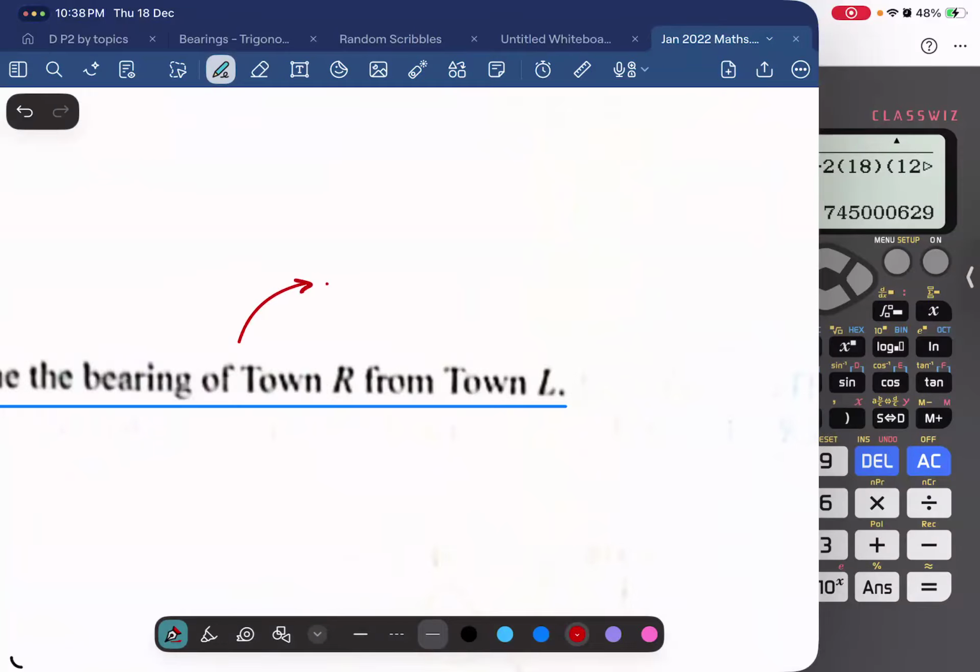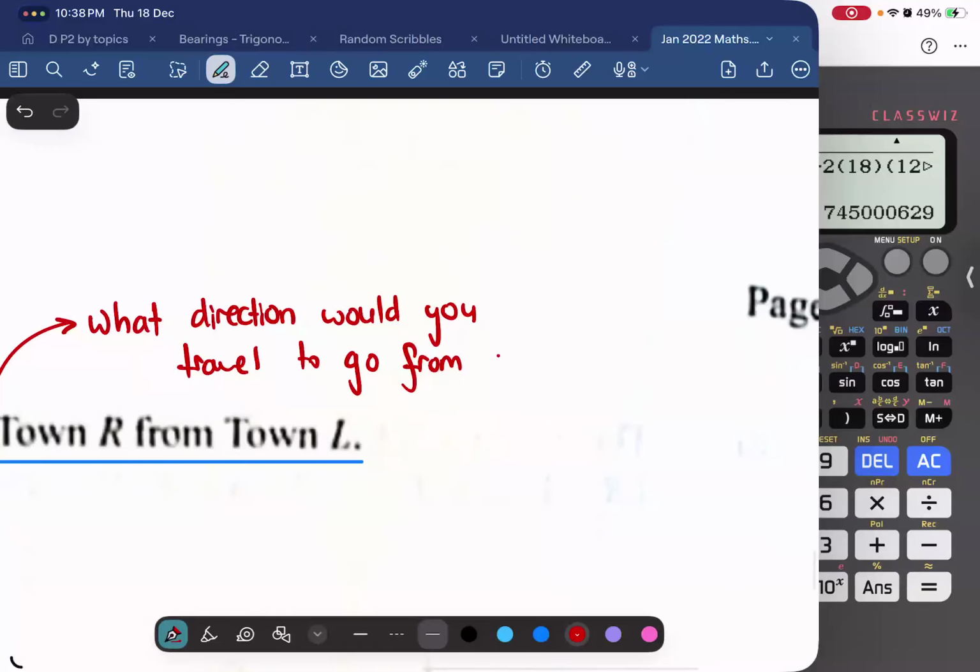What direction would you travel to go from L to R, right?